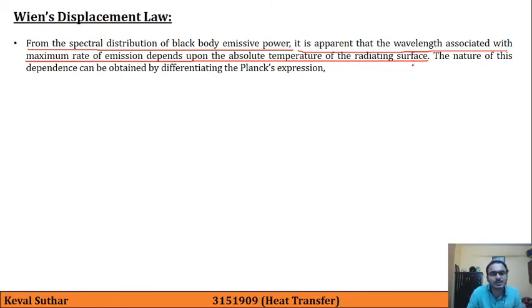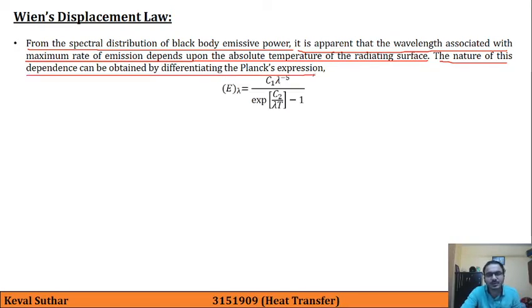So we have seen this in our spectral distribution. Now the nature of this dependence can be obtained by differentiating Planck's expression.